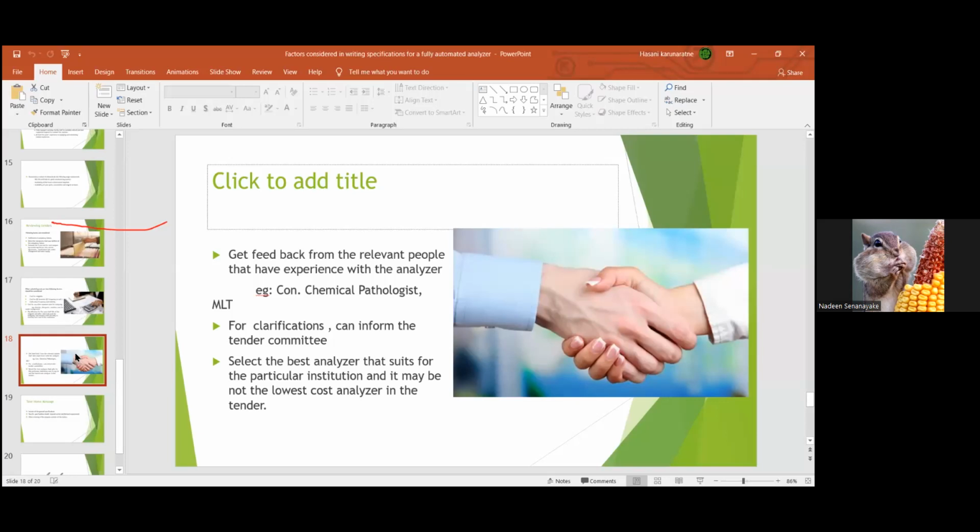At that meeting also we can take any clarifications that we need, and after all that, we can select the best analyzer that suits the particular institution, and it may not be the lowest cost analyzer in the tender. That means even though the analyzer is lowest cost, we may not select it depending on the other factors. That means cost is not the main factor.